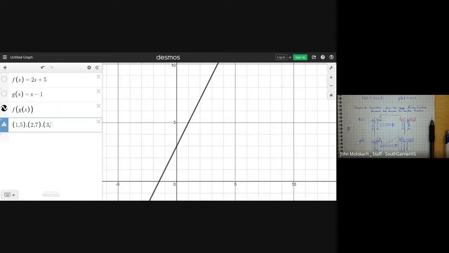When x is 3, the final value is 9. And sure enough, those are the values that we get. So given a 1, 2, and 3, we ought to be able to find the final composition values, 5, 7, and 9.